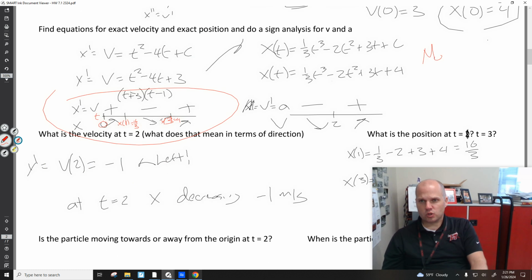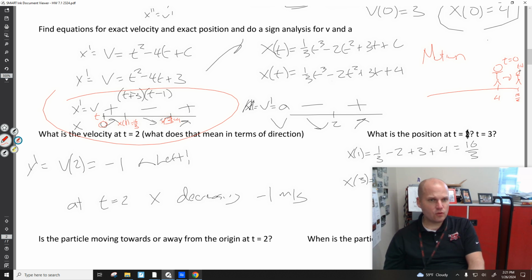So switching gears to a motion analysis so we understand what happens. We start at a position of 4 with t equals 0 floating above our dude. My dude moves to the right till he gets to a position of 16 thirds. This position of 16 thirds occurs at t equals 1.